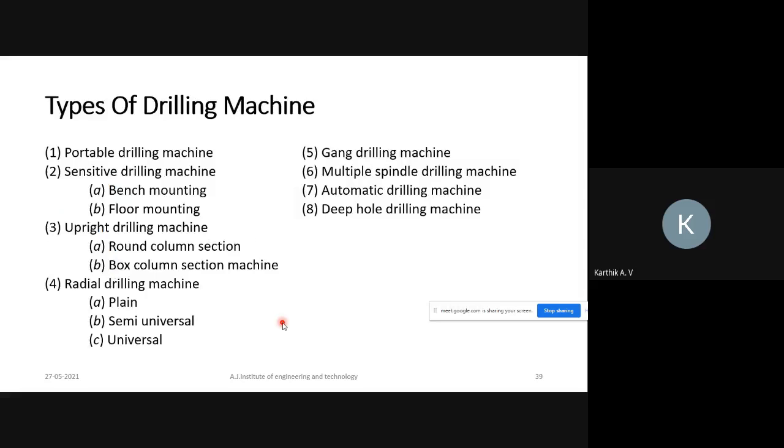Okay, so next, the types of drilling machine. So these are the types of drilling machine. Next class we'll discuss all the types of drilling machine. So please note down the types of drilling machine, all of you.